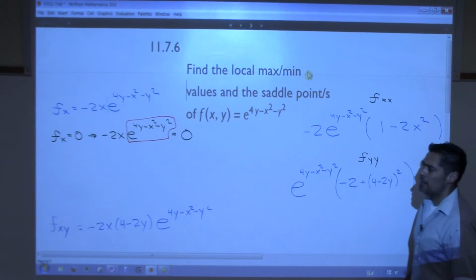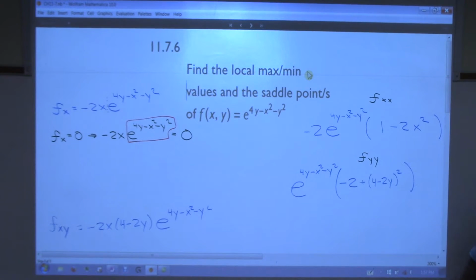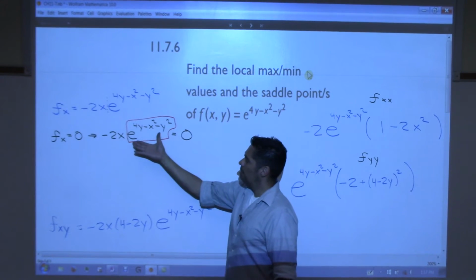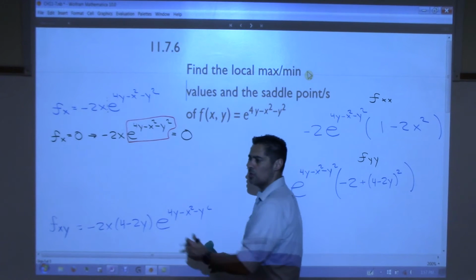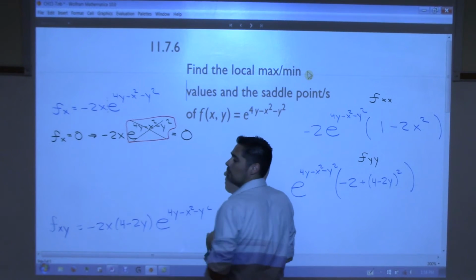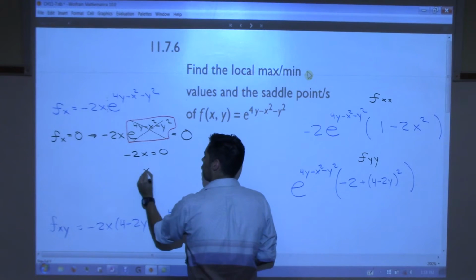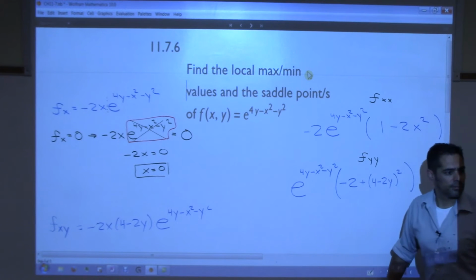You can never make e to any number 0, can you? So if that's never 0, then you can ignore it completely. So all you're really looking at is negative 2x equals 0, which means x is 0. That's nice. That's good to know, right?